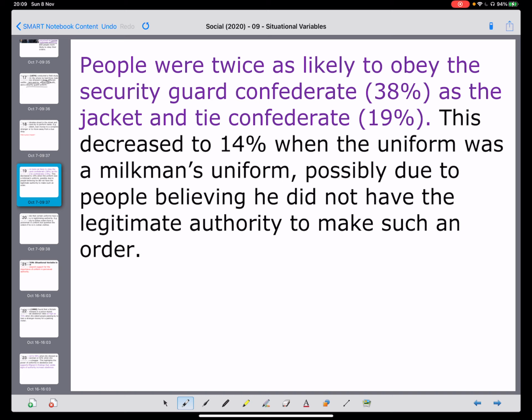What we do find is that people were more likely to obey the security guard. They were twice as likely to obey the security guard than the person in civilian clothes. And this just decreases when the uniform was the milkman. So in other words, there's a difference even between the two different uniforms.